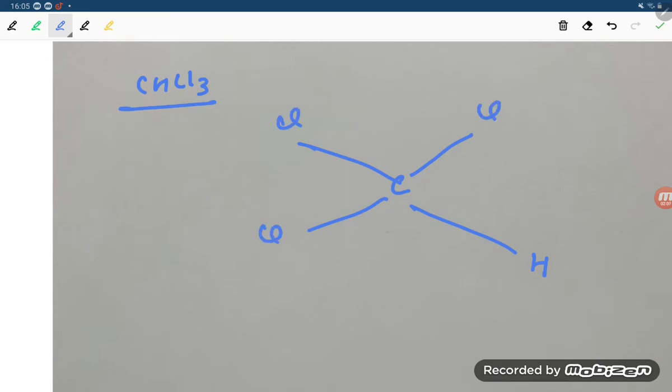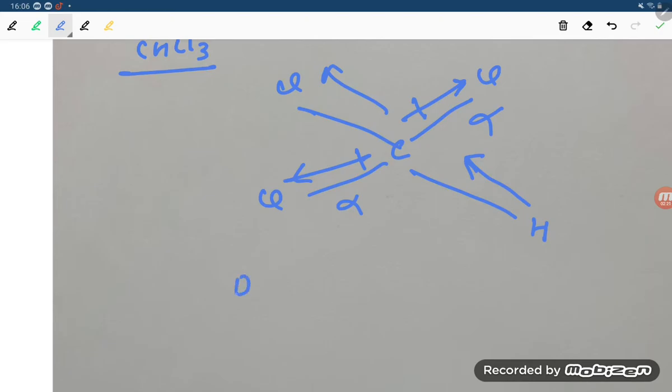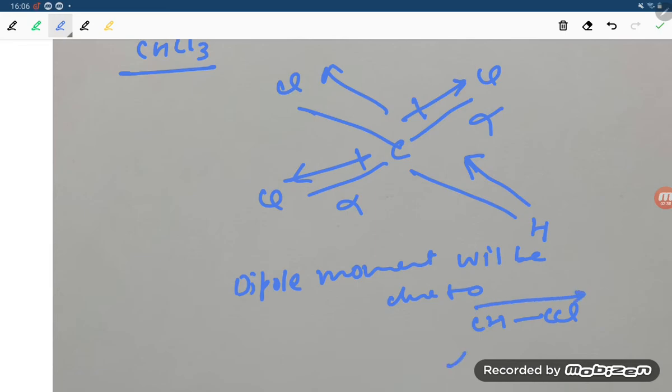The electron shift goes in this direction and in this direction, so these cancel out, and one is going in this direction. So the dipole moment will be due to what, student? Due to only one C-Cl bond, so it is 1.03 D.